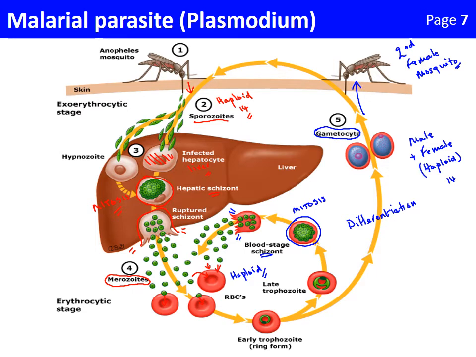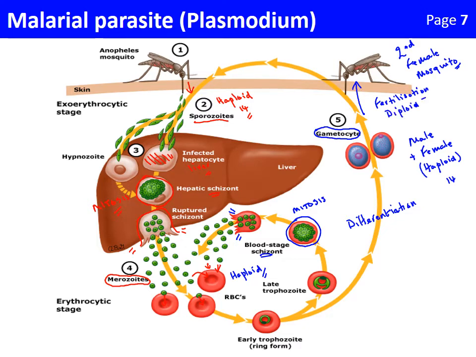Now, inside the stomach of the second female mosquito, the adult male and female gametocytes develop into male and female gametes, and they fuse together at fertilization.